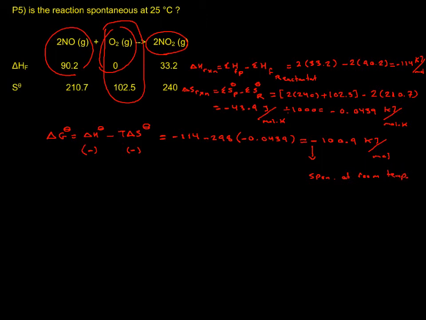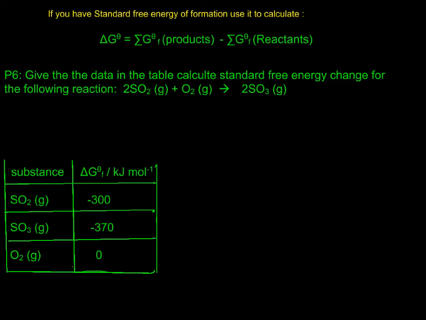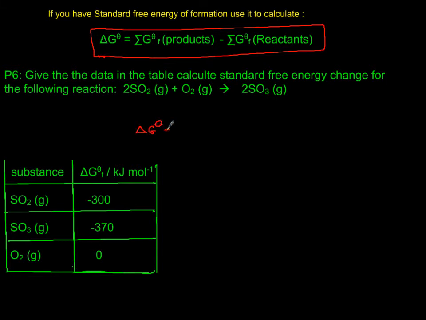The last problem I do for this series is just to tell you, if you have delta G formation information, use that. Also, the same definition applies to elements. They don't have delta G of formation. So if you have a reaction, you really don't need delta H and delta S. If you have delta G formation, just apply it into this equation, which is the same as delta H and delta S. So delta G for this reaction is 2 sulfur trioxide, 2 times minus 370.